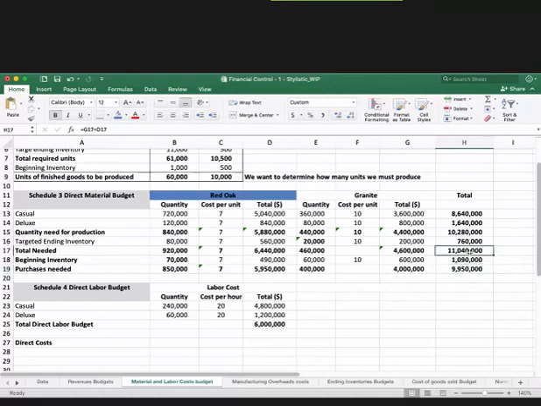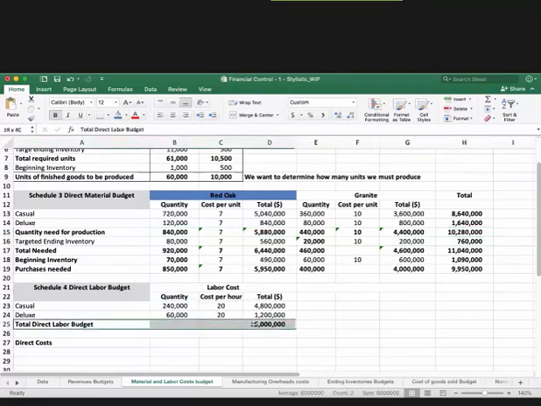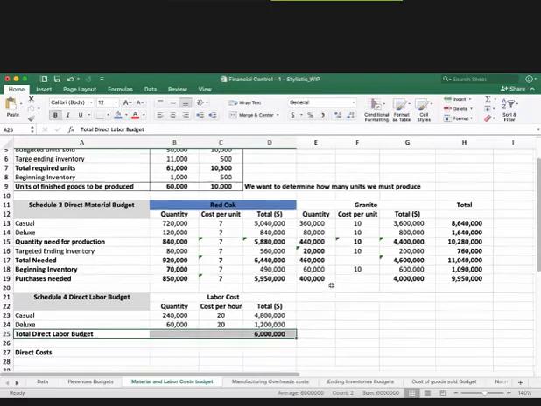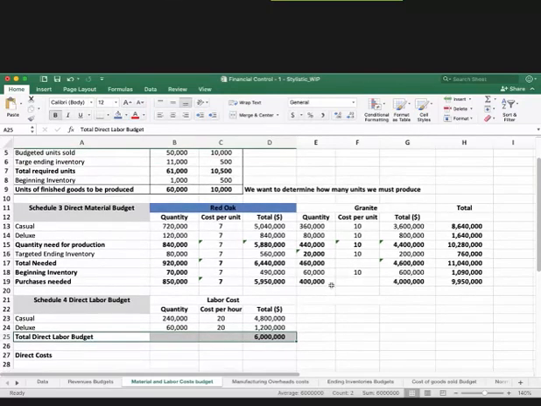So sorry, we're going to produce for 10 million, and for the direct labor budget, we're going to use 6 million budget to pay all the people who are working in the manufacturing process. So this is what we have.